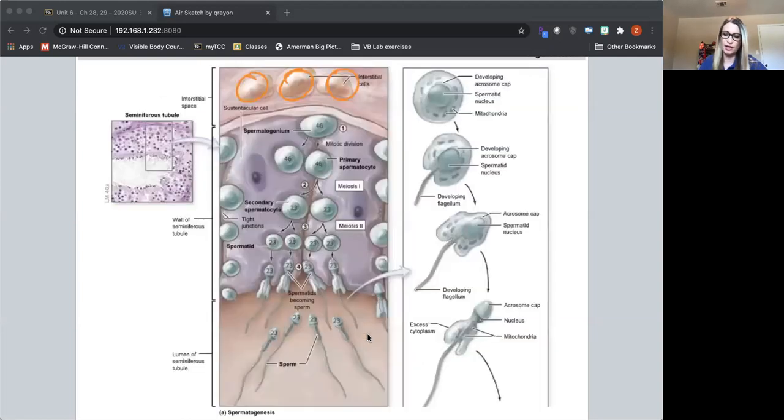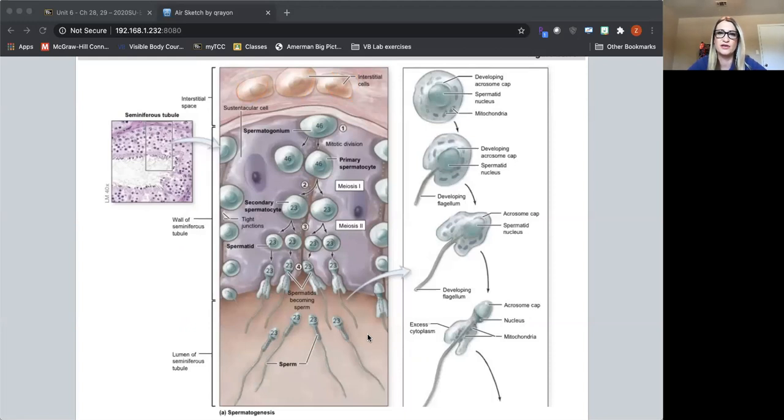So I'm gonna bring this picture back here because remember, spermatogenesis, or formation of these sperm cells, happens within the seminiferous tubules. The spermatogenesis begins with a cell known as the spermatogonium. And the terminology is kind of similar to the female, except in the female, the beginning of the word had oo.